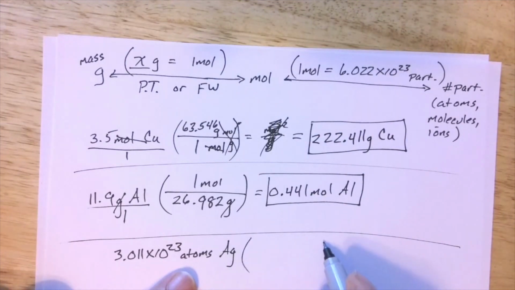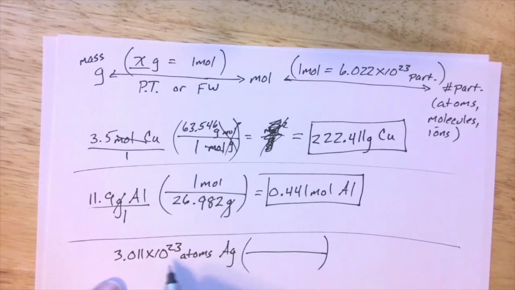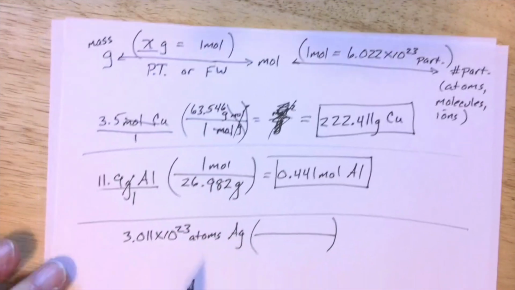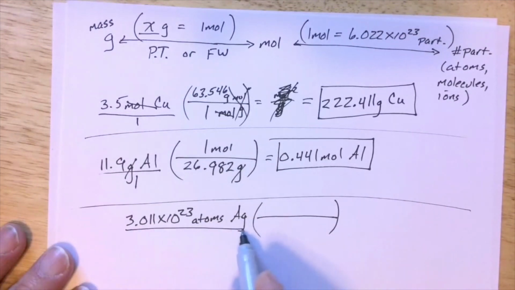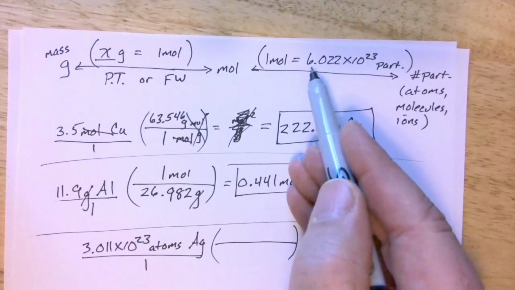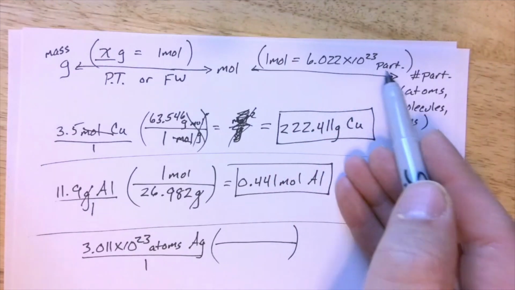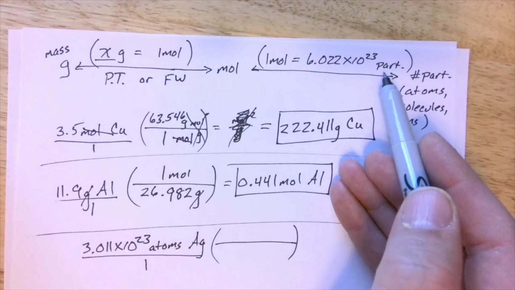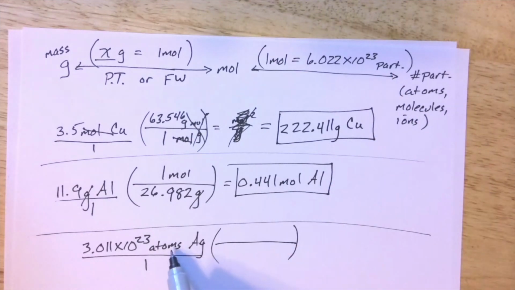So I'll open a set of parentheses. Again, remember, this is over 1. Now, 1 mole is equal to 6.022 times 10 to the 23rd, and in this case, the particles are atoms. So I want the atoms to cancel out. I have atoms on top, so I need atoms on the bottom.